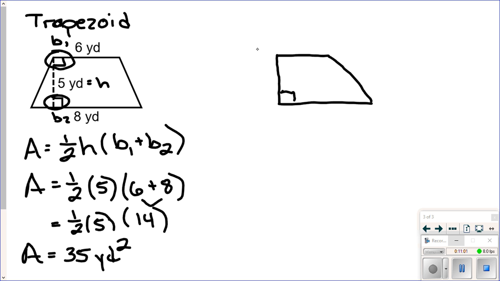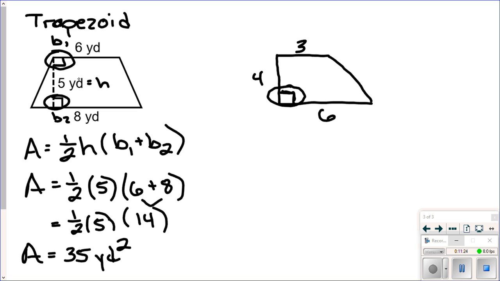All right, let's do this one real quick. So I'll say this is 4, this is 3, and this is 6. All right, so again, here's my right angle. This one, the right angle is actually part of the shape.